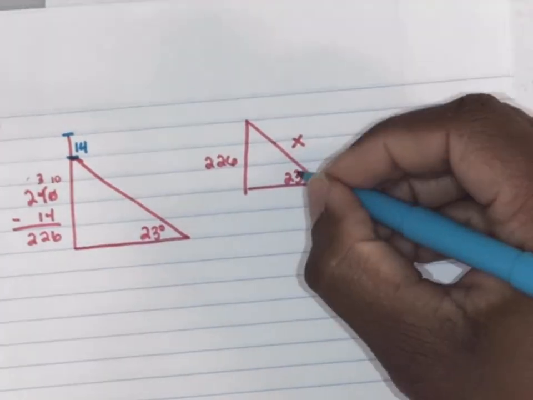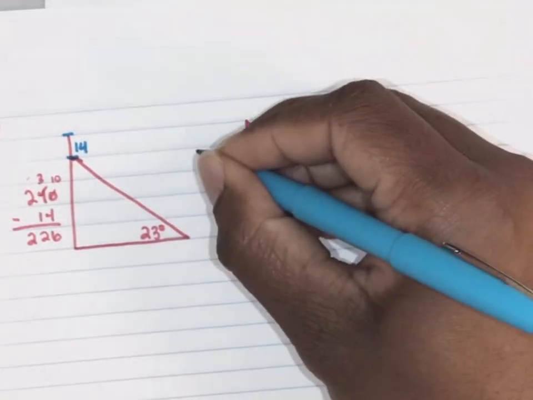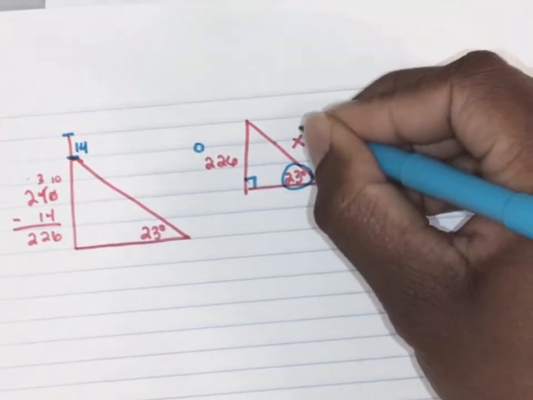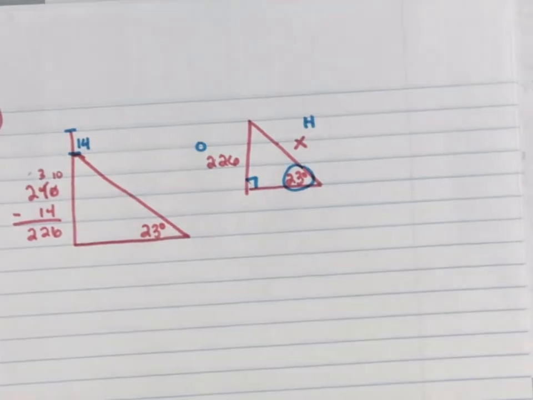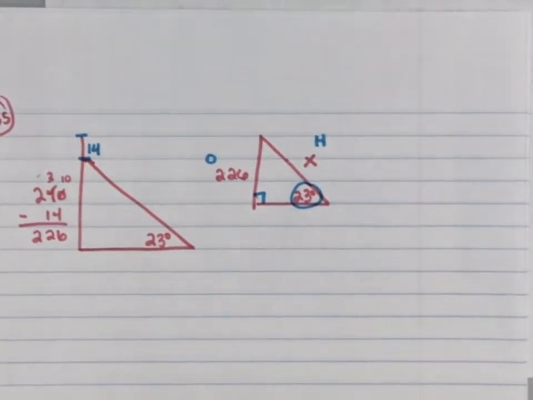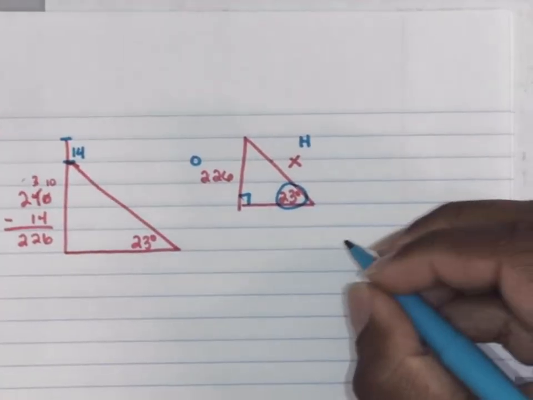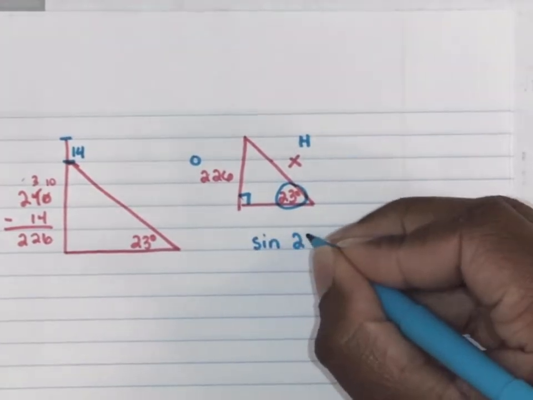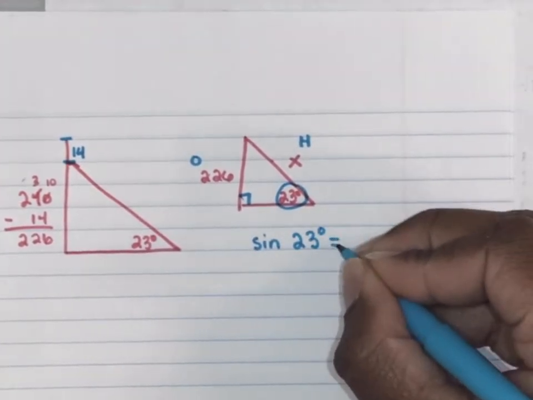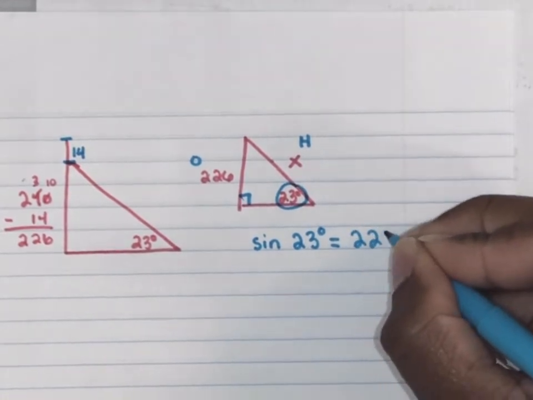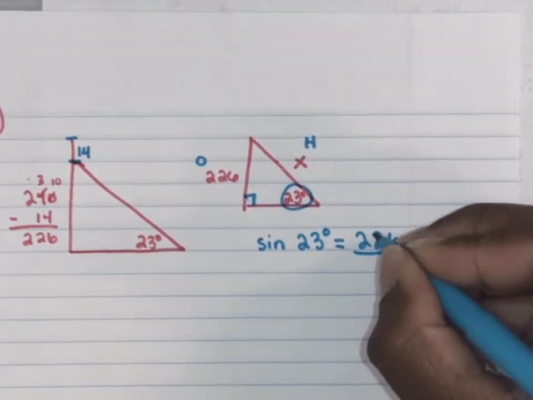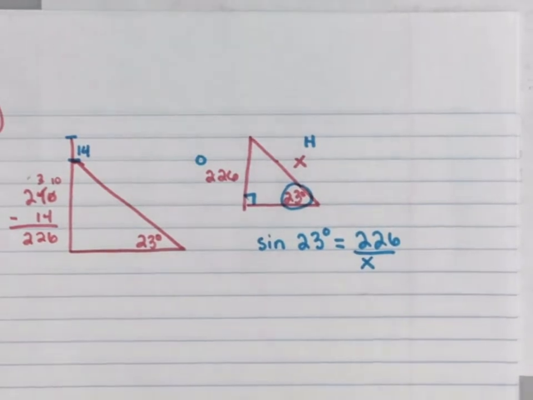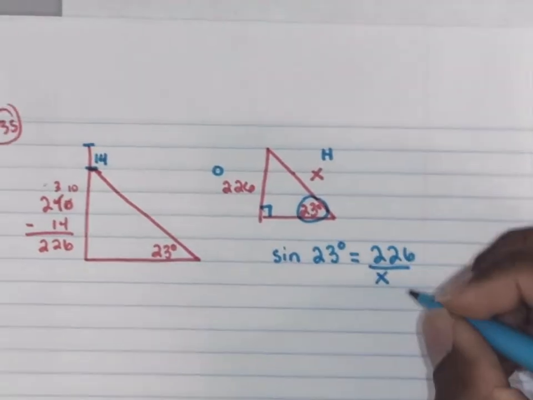From this angle, I've got the opposite side, and this time we have the hypotenuse. So I say, which function uses the opposite side and the hypotenuse? It would be sine. So I'll set up an equation using sine. Sine of 23 degrees, which we know, equals the opposite side, which is 226, divided by the hypotenuse, which is x. So I want to get x by itself.